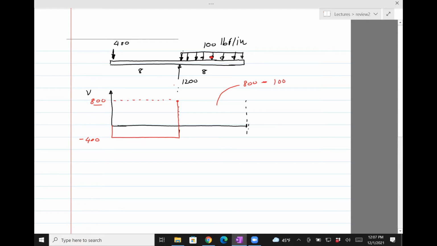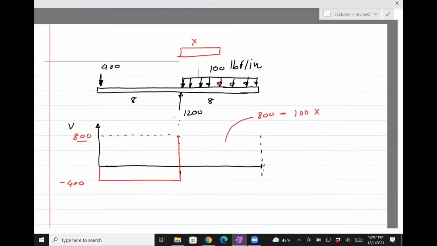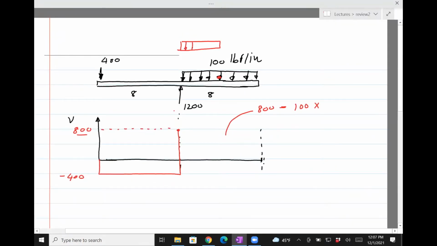And if you take a small section like this, of distance x, it's going to be 100 times x, right? That's the shear force. And x will change from 0 all the way to 8.